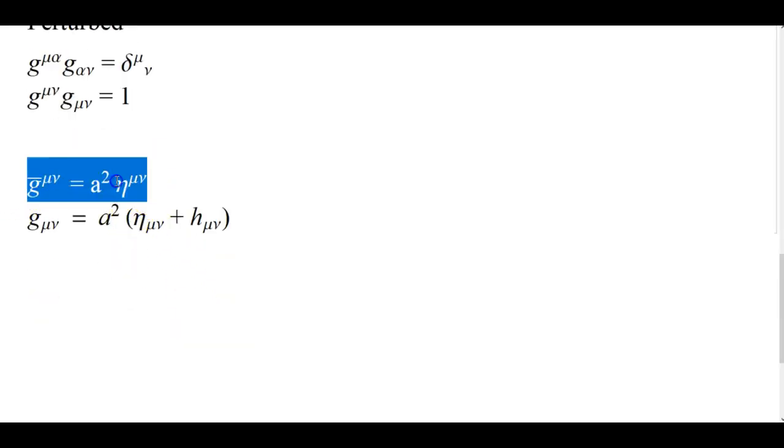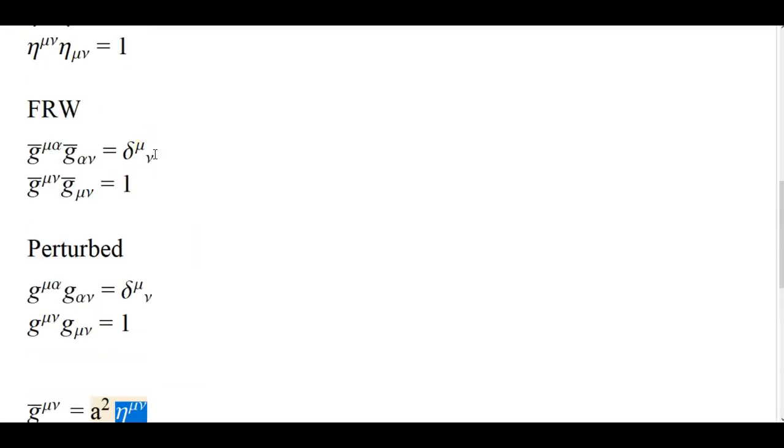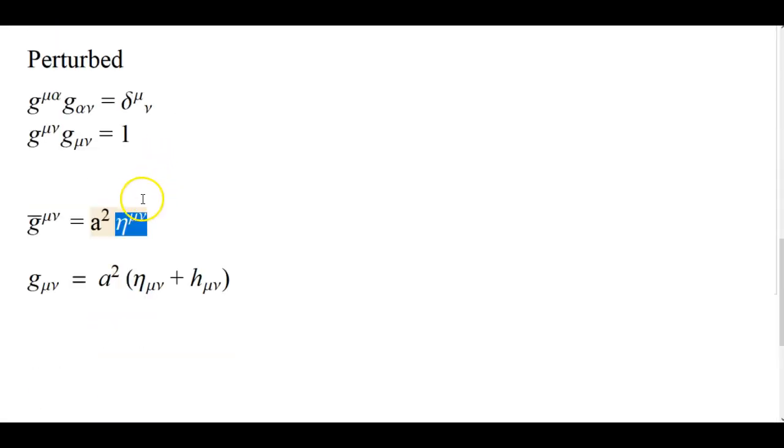So this is what we know from our previous knowledge, that this is equal to a square eta mu nu. And also, if you remember, this is equal to this. So the inverse matrix of G mu nu is equal to this.